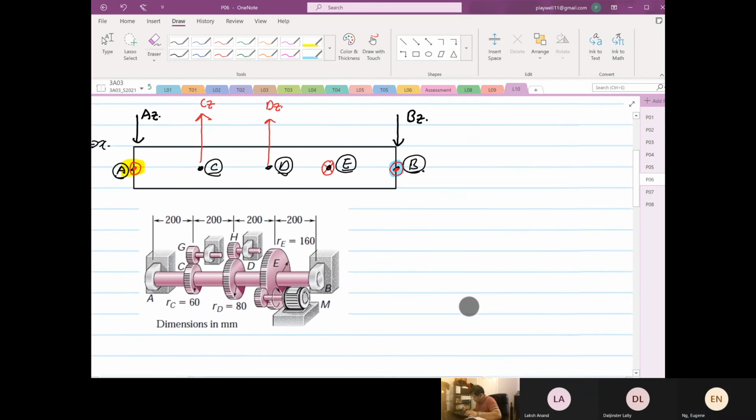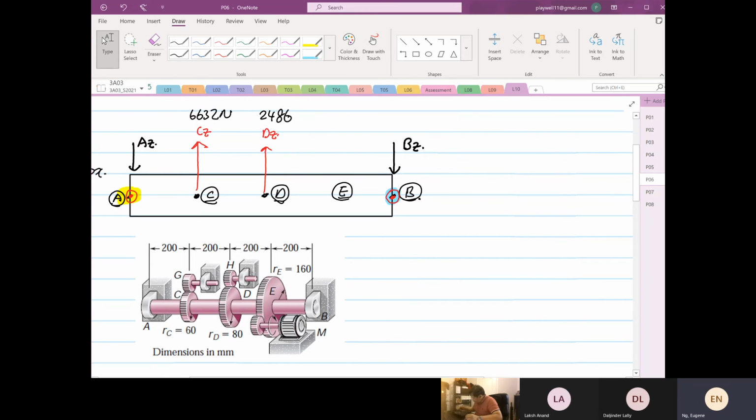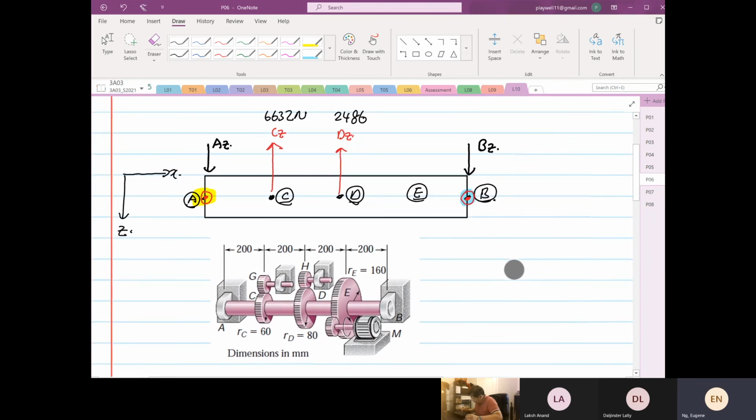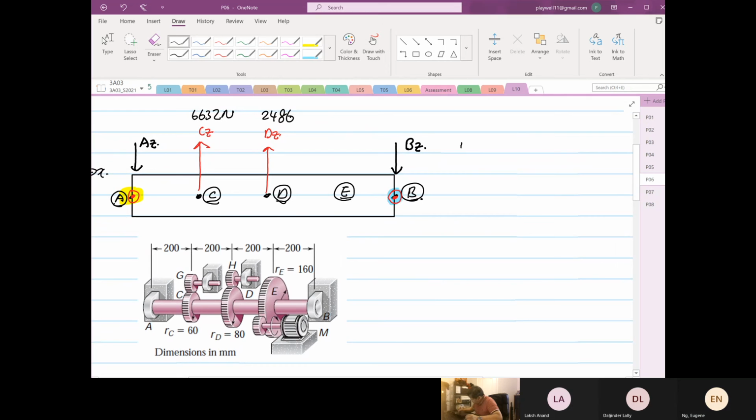Right. So I'm going to take moment. We can ignore point E, I'm going to erase it so as not to confuse you. So we are going to take moment in the Y direction. Summation of moment in the Y direction at point A is equal to 0.